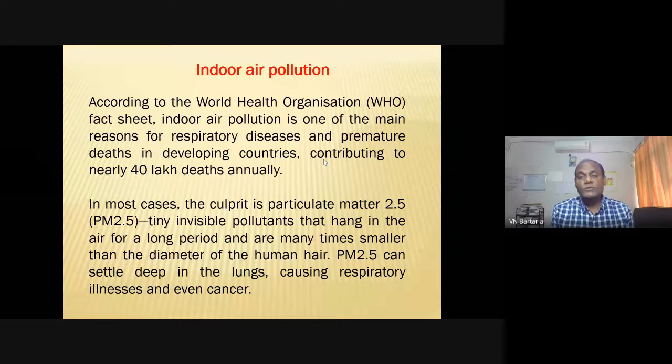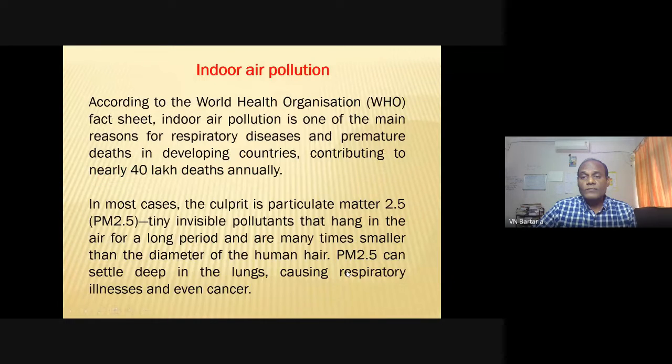PM 2.5 are very small particles. We can inhale those particles, and they can go deep into our lungs. So PM 2.5 can settle deep in the lungs, causing respiratory illness and even cancer. So it is a major cause of lung diseases.